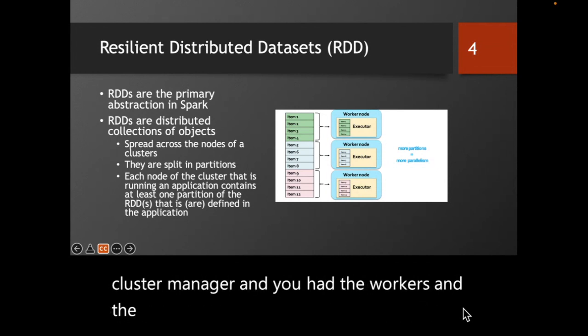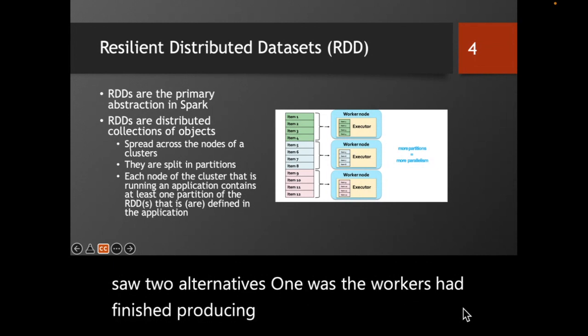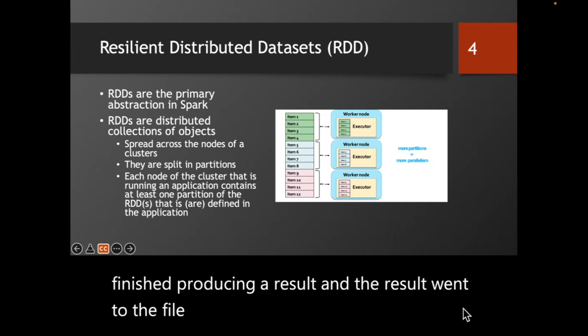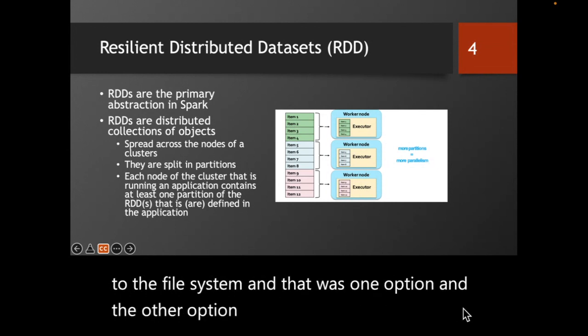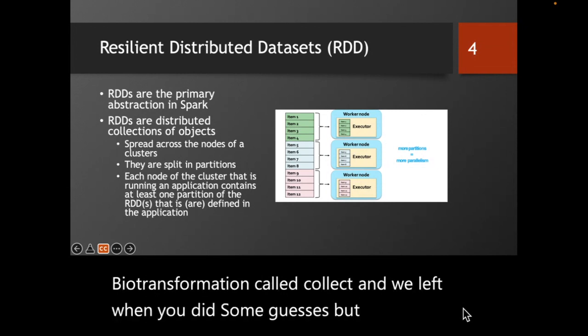And the very last exercise that we did, we saw two alternatives. One was that the workers had finished producing a result, and the result went to the file system. And the other option was to execute a transformation called collect. You made some guesses, but we didn't discuss it.